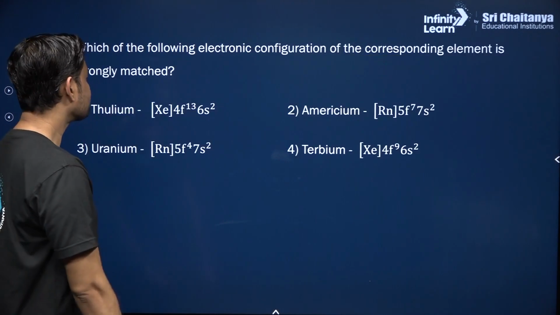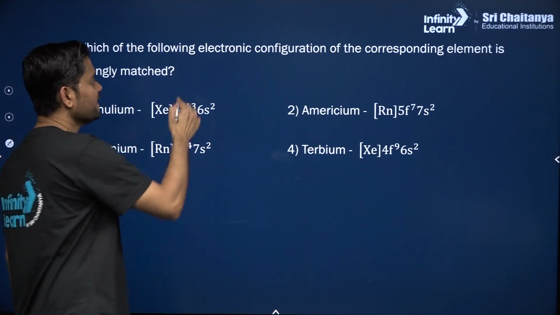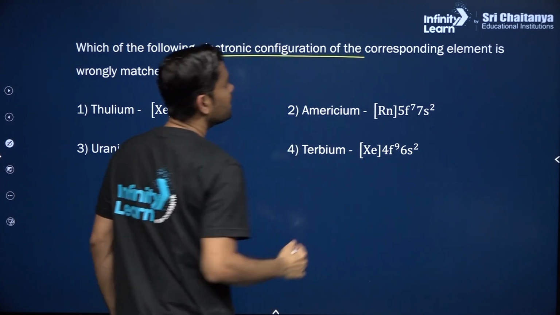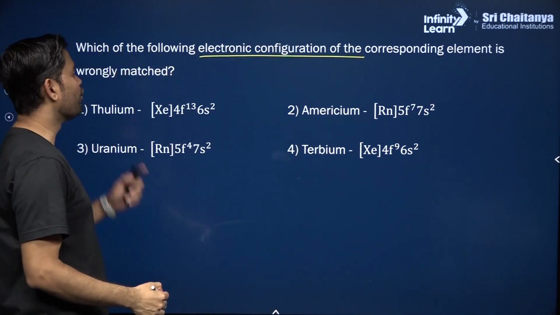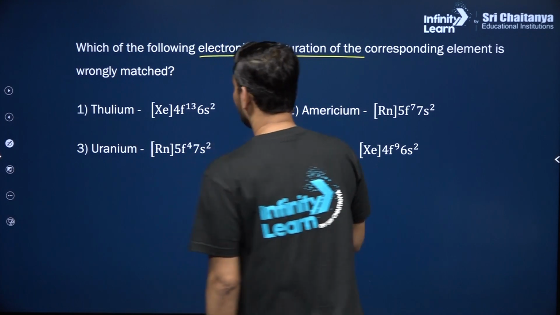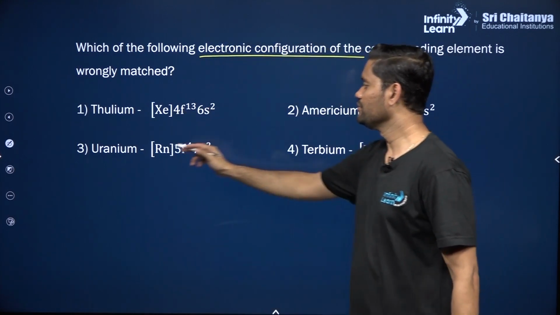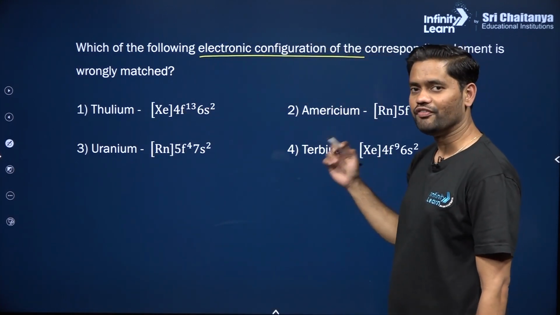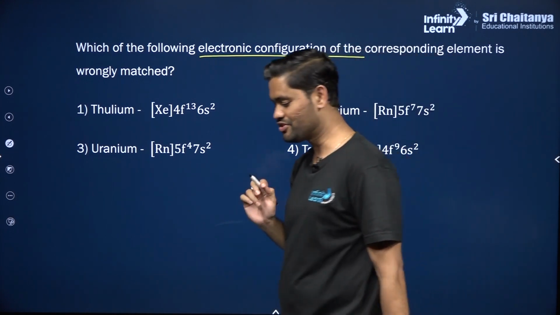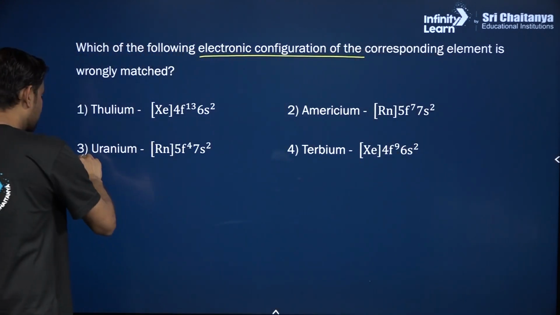Next question. Which of the following electronic configuration corresponding element is wrongly matched? So the options are thulium, americium, uranium and terbium. If you see carefully, the answer is pretty much clear, and the answer is uranium. Why?